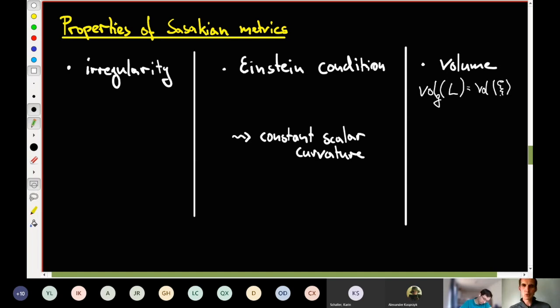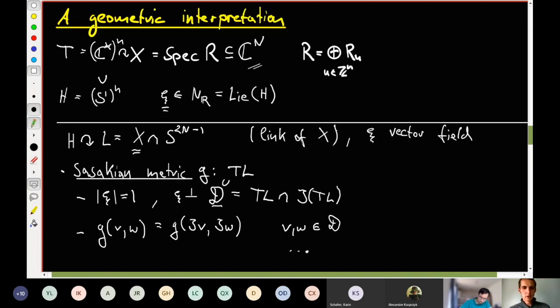Let me go back once and maybe explain a little bit. We have chosen a psi, and then we are looking for a metric which is somehow compatible with this choice. So it has to fulfill certain conditions with respect to this psi.